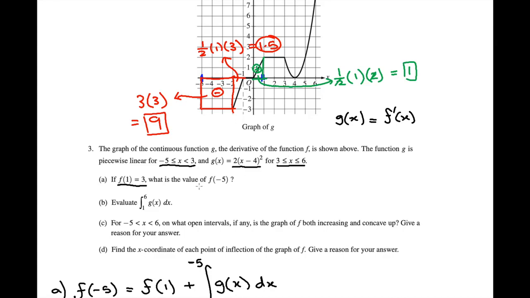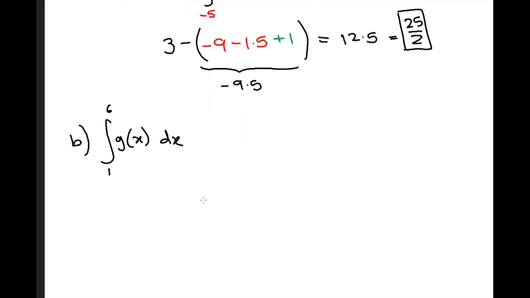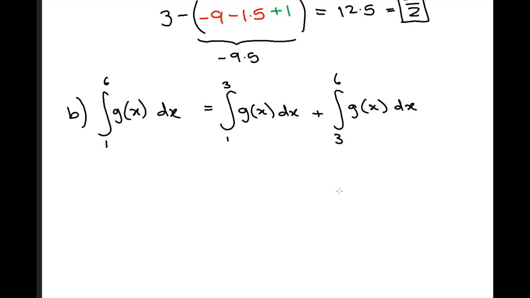So we know that this function switches what value it is at 3, so we're going to need to break our integral up into 2 separate integrals, as follows. So this is going to be equal to the integral from 1 to 3 of g of x dx plus the integral from 3 to 6 of g of x dx. Hope that makes sense.